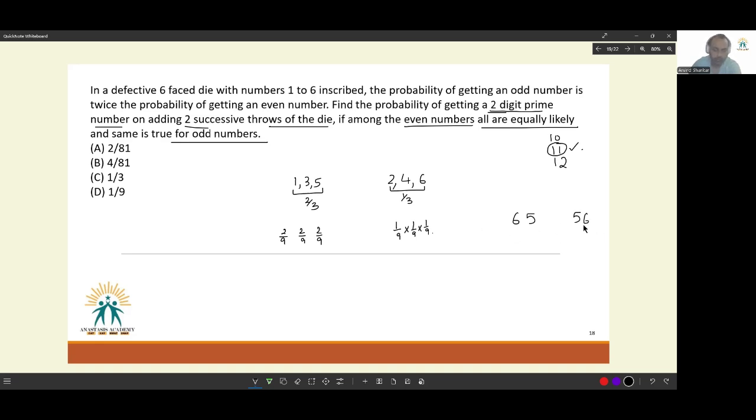One of these two cases needs to happen. Okay, let's do it for 6, 5: 1 by 9 into 2 by 9, plus 5 and 6 will be 2 by 9 into 1 by 9. Altogether, we'll get 4 by 81, or option B is the right answer.